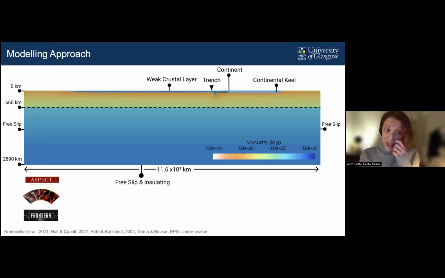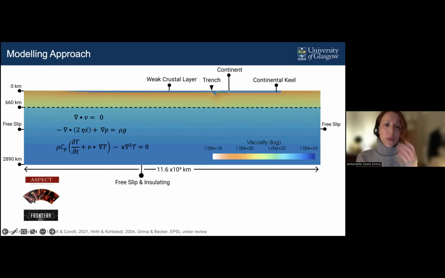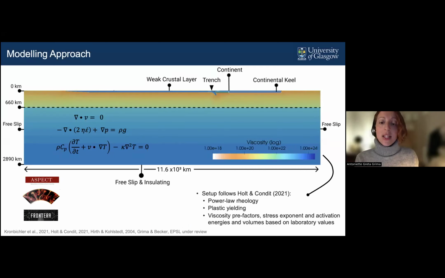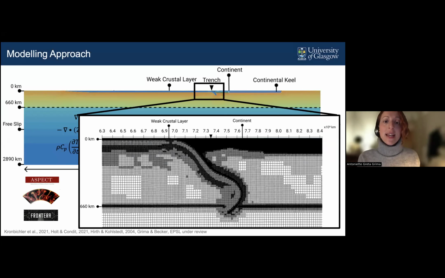And to answer this question, we use ASPECT to solve for the conservation of mass, momentum, and energy, and model subduction in a 2D Cartesian box. In our models, we include a parallel rheology and also plastic yielding. And we use adaptive mesh refinement to get a resolution of around 500 meters at the surface within the continental overriding plate and outlining the slab.